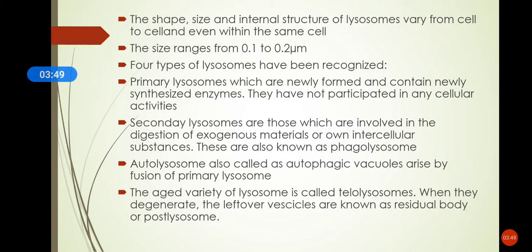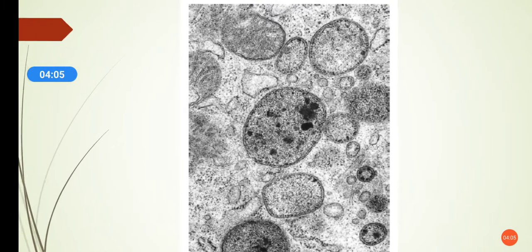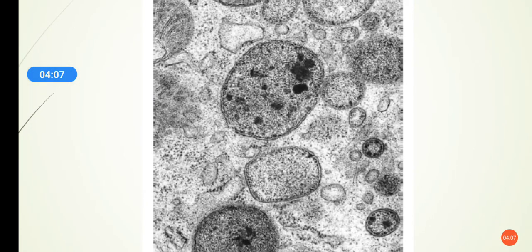And telolysosome is the aged variety of lysosome. When these lysosomes degenerate, they are known as residual body or post lysosome. So this is the structure of lysosome inside the cell.